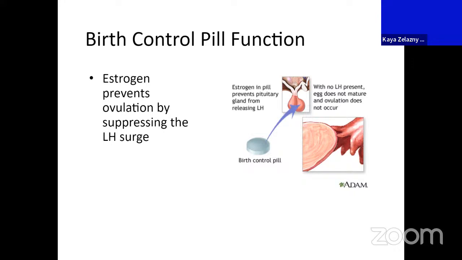And we saw that in parts of our follicular phase, part of what is stopping those high levels of LH is that inhibitory negative feedback loop with estrogen. So as we provide estrogen in pill form, this stops the pituitary gland from releasing that luteinizing hormone. So without the luteinizing hormone, we're not going to have ovulation occur without that spike.